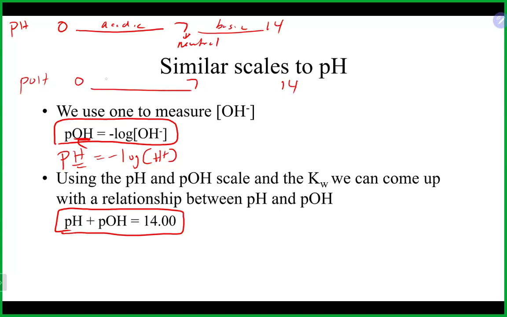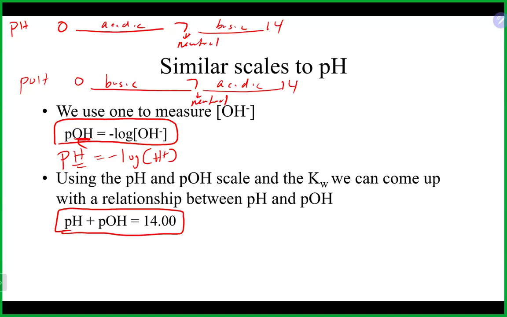Less than 7 is basic, above 7 is acidic, and 7, once again, is neutral in this case. So they are opposite of each other. So if you have a low pH, you should have a high pOH, and vice versa. If you have a high pH, you should have a low pOH. So they do run opposite of each other.